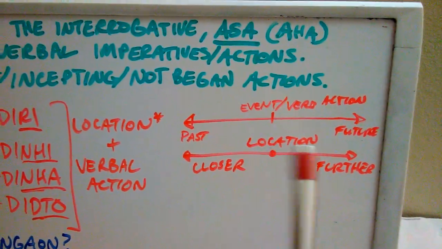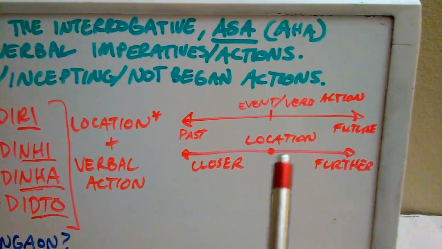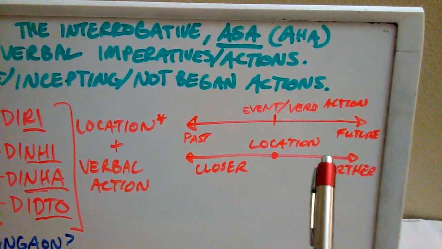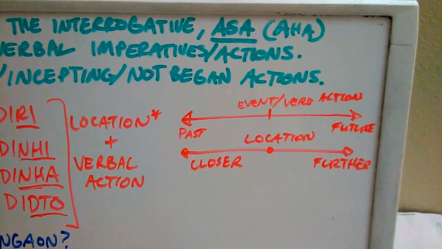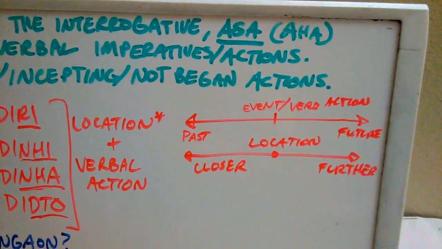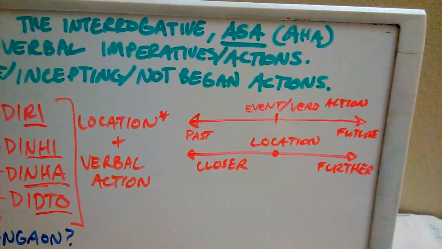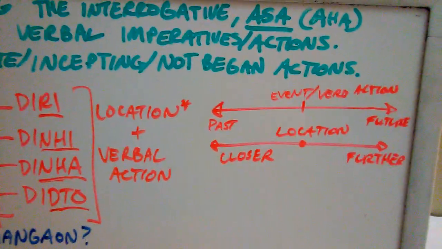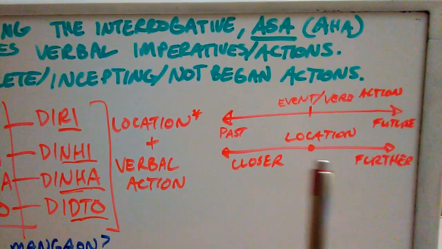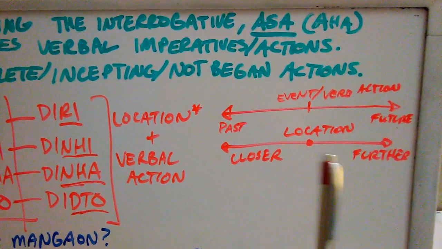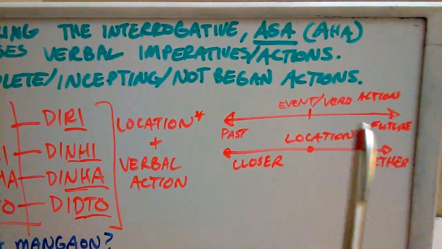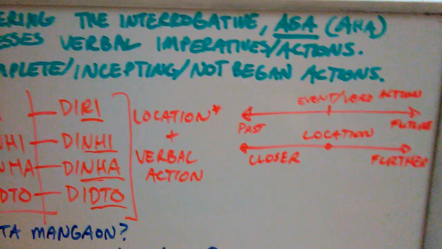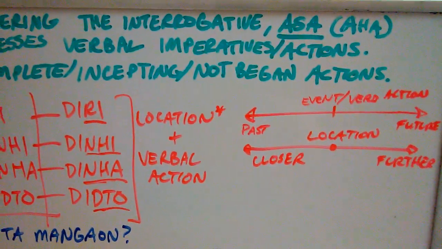The bottom one is our location line, whether an object is moving closer versus moving further away from you, or relative to the speaker or relative to whichever person, right? It's just relativity in that manner. So relative in distance via location, and relative in movement via time or whenever the event was expressed, okay? So you can look at that as a guideline.